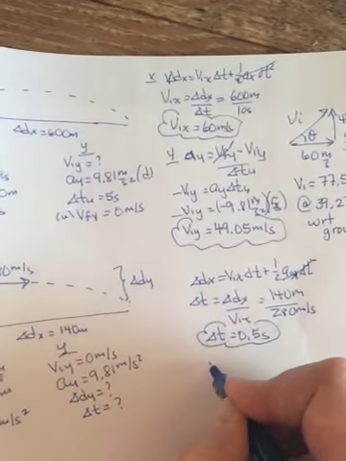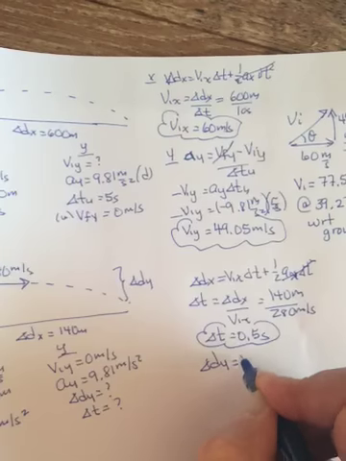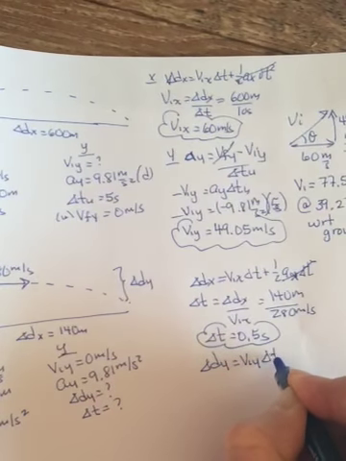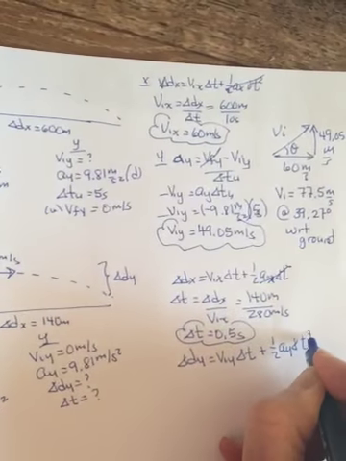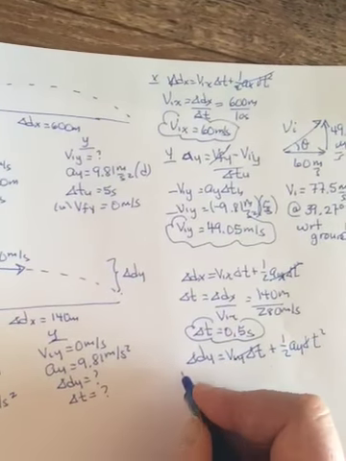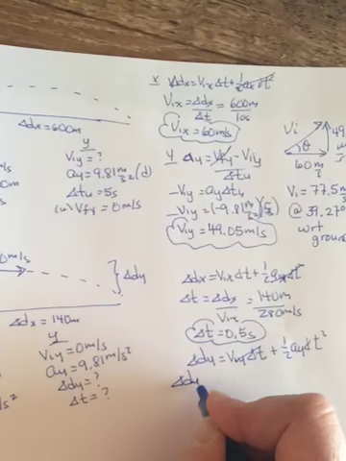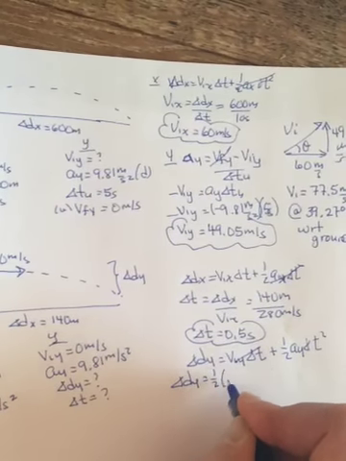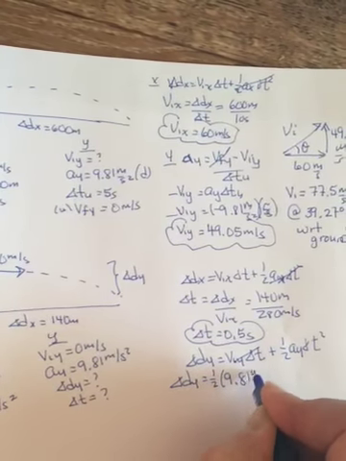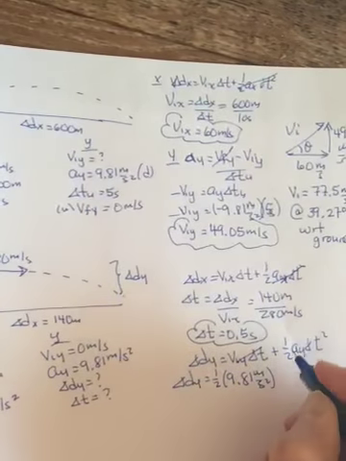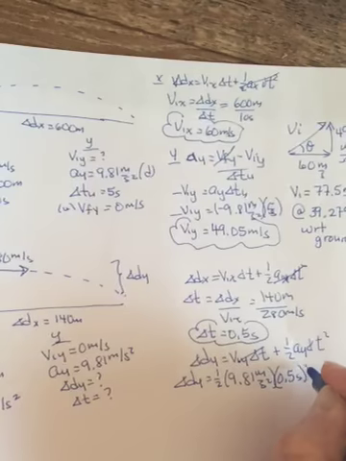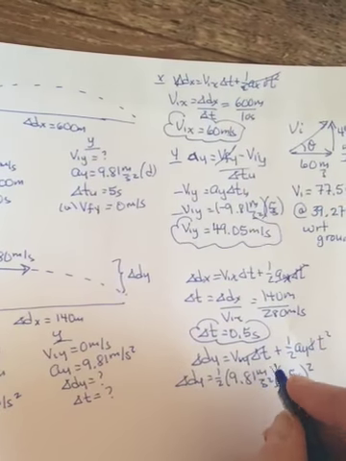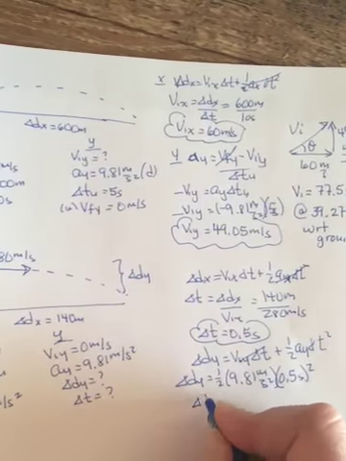So now take that and go to the y. Delta dy is equal to viy delta t plus 1/2 ay delta t squared. This goes to 0, and you're looking for delta dy. So 1/2, you don't have to put the 9.81 in as a negative this time because everything is going down, so you can just call down positive. 1/2 times a half second squared, so 1/8 of 9.81.